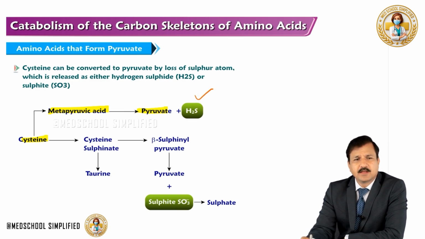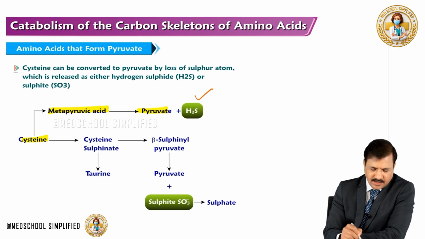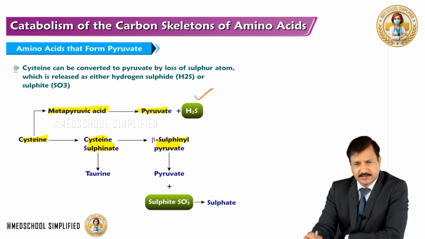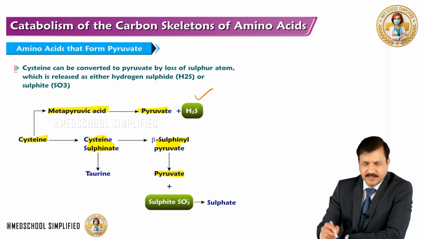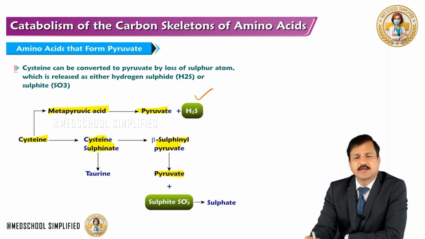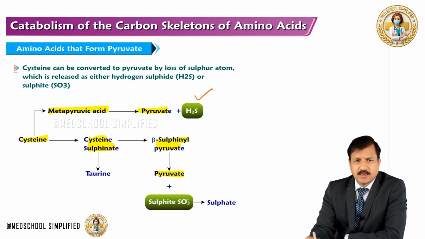That's one way. The other way is cysteine being converted into cysteine sulfinate, which is later converted to sulfinyl pyruvate, and then pyruvate is released and sulfite is released, and that sulfite will be converted to sulfate, that is SO4 2-.